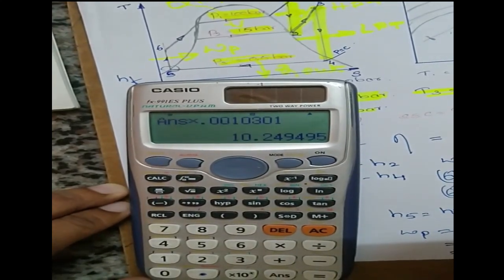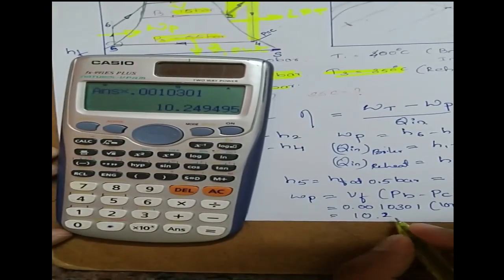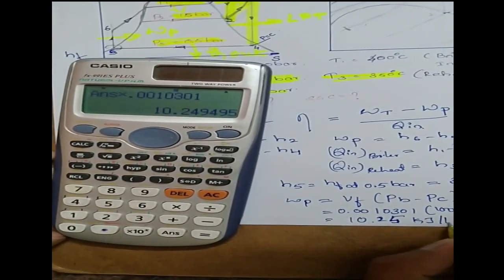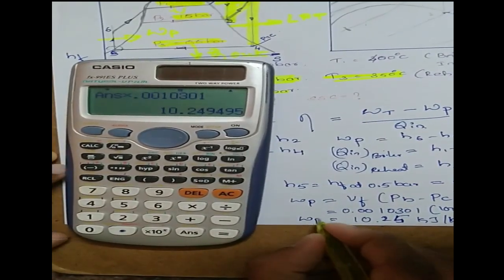So you'll get work done by pump as 10.25 kilojoule per kg. So this is your work done by pump.